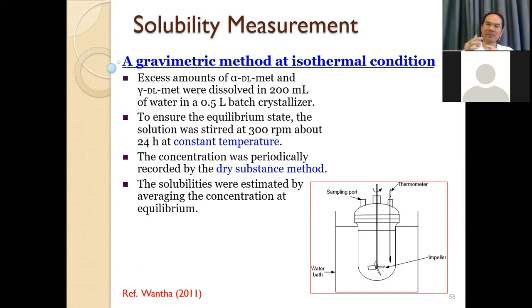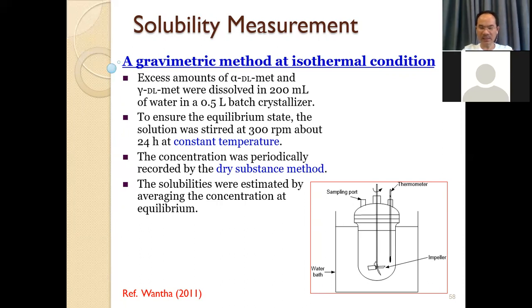If you add more crystal beyond the solubility, the solid sugar cannot be dissolved. If the amount of sugar is less than the solubility, it dissolves until it reaches the solubility. This is the solubility definition.